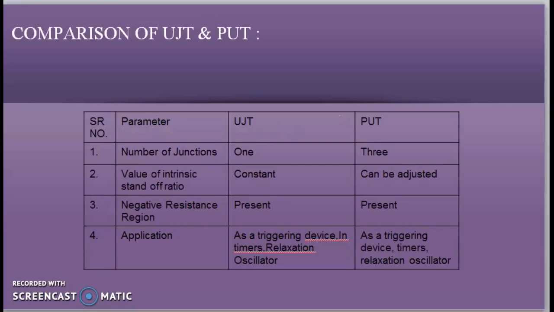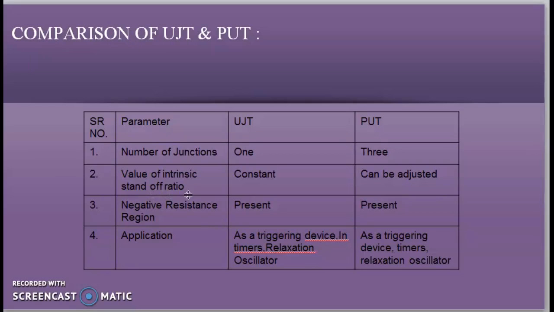Now the comparison of UJT and PUT. Considering the first parameter, the number of junctions, there is only one junction in UJT, whereas in PUT there are three junctions.